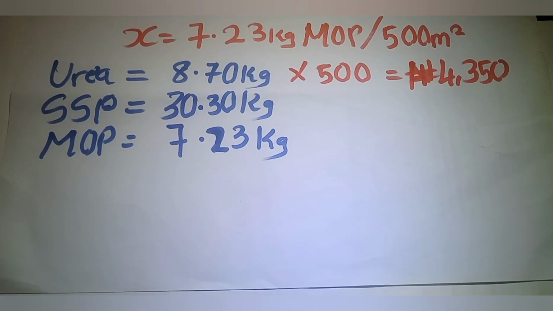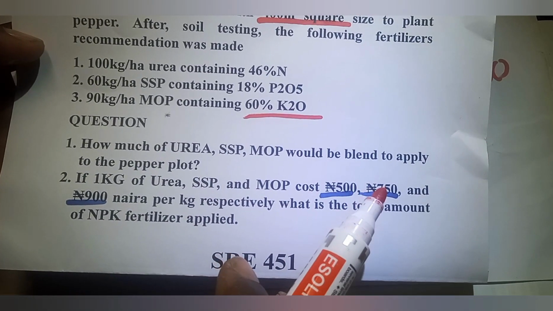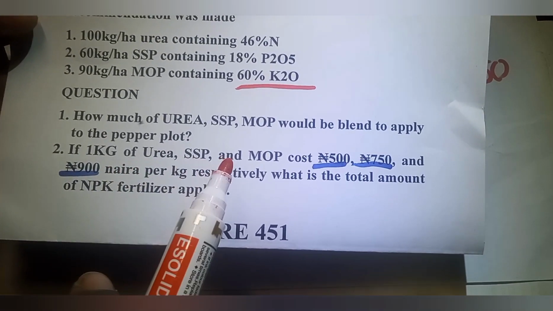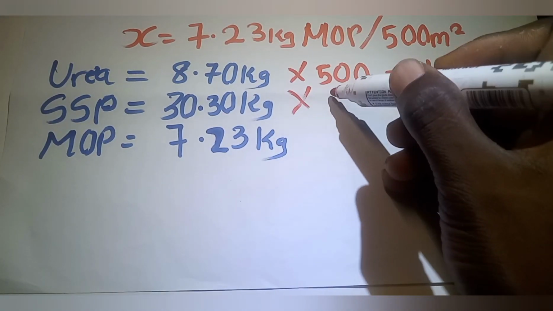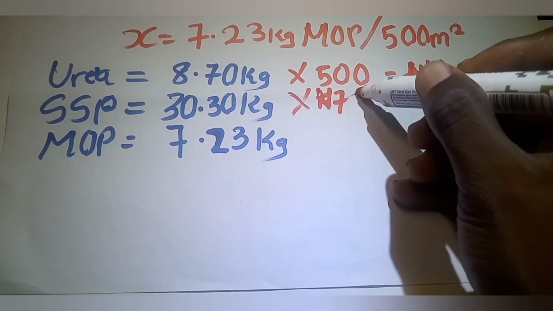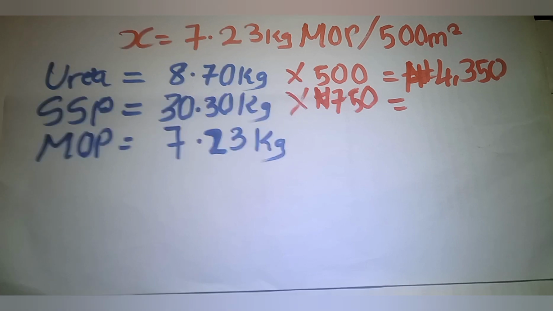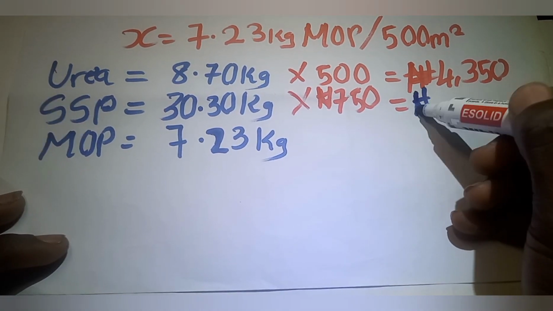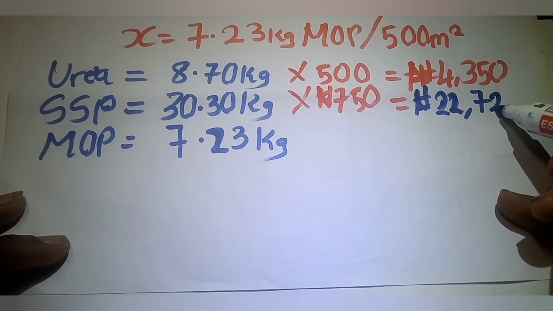So now according to the second one, the one for single superphosphate costs 750 naira. If 1 kilogram of single superphosphate costs 750 naira, 30 kilogram will cost, you just multiply by 750 naira. Don't forget your unit. You multiply that by 750 naira. That will be 22,725 naira.